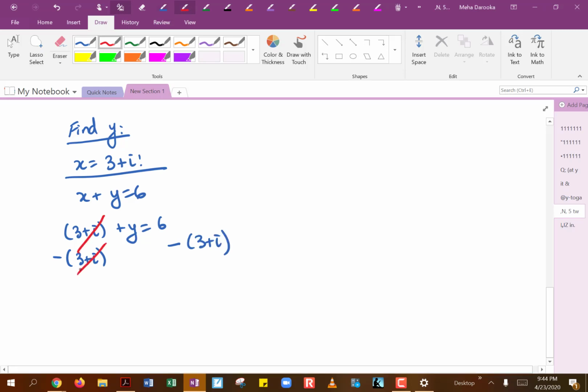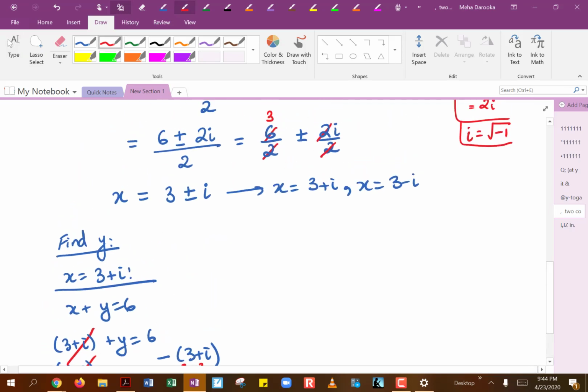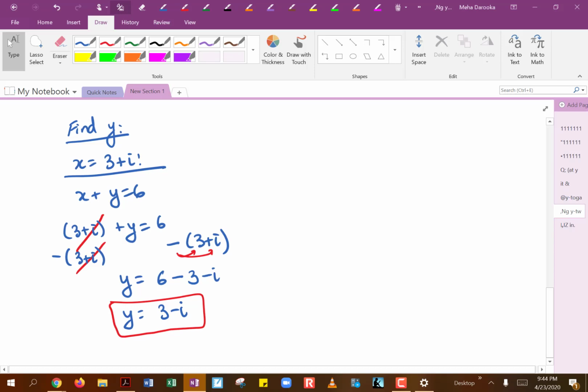These guys will cancel out. You end up getting y equals 6, and I'm going to go ahead and distribute that negative sign inside my parentheses. So 6 minus 3 minus i will end up giving you 3 minus i, which actually happens to be my second value that I got from here. So when your x is 3 plus i, your y is going to be 3 minus i.